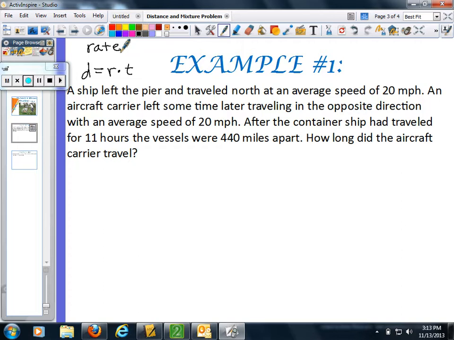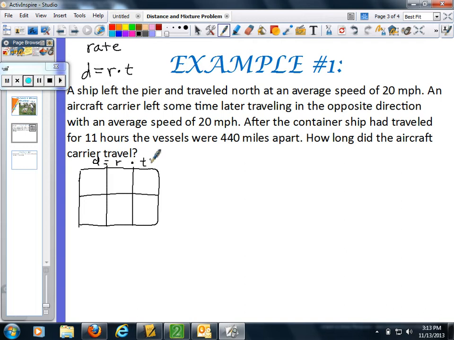Alright, so we're going to use a box, okay, and this box is going to help us with some of the information that we need to do our problem. So in our problem, we're going to do distance equals rate times time. Okay?